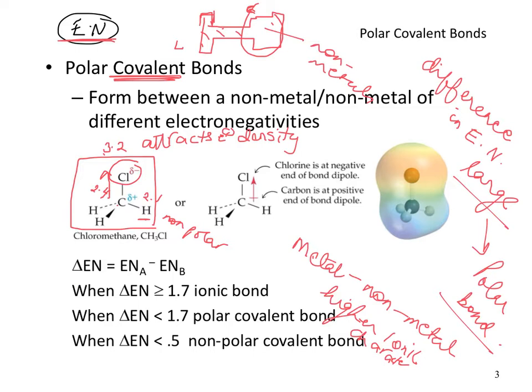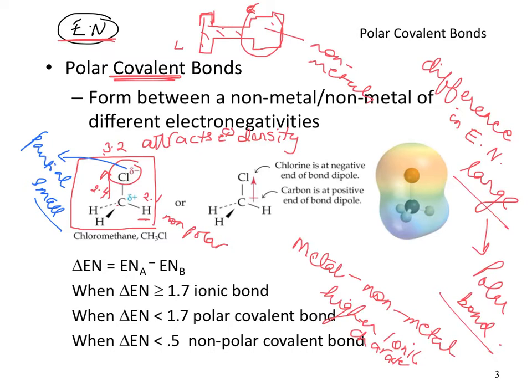Now you might wonder, what is this delta? This delta just means partial, just means small. That means the chlorine has a slight negative charge, or a carbon has a slight positive charge. It's not a full negative or a full positive charge. So it's just a tendency that we are saying.